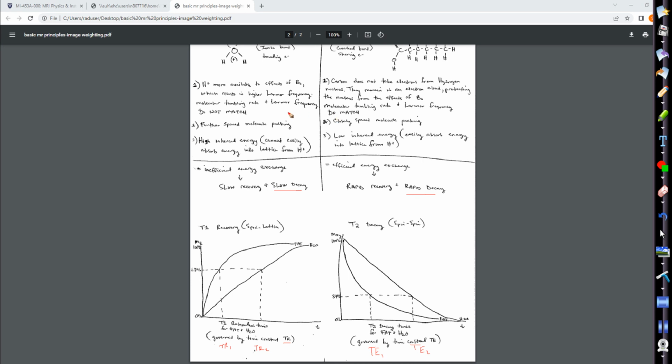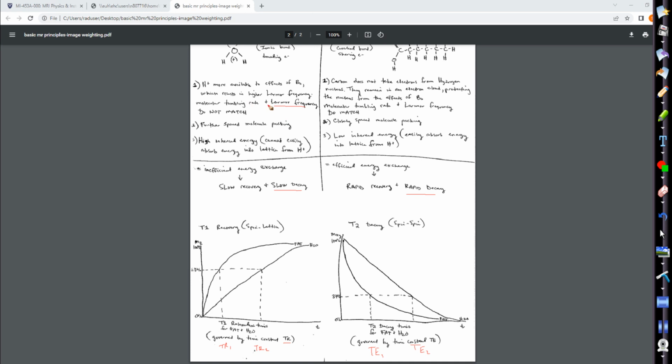So they don't match in terms for water, and water tumbles at a quicker rate. And both of these things combined means that water and the hydrogen within water doesn't give off energy as efficiently to its surrounding lattice. Okay?